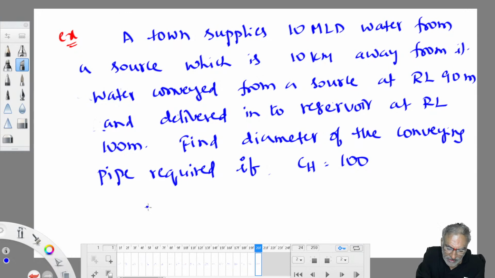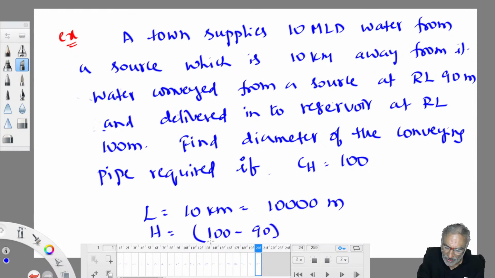Therefore, what is given? The distance between source and supply is 10 kilometers, that is 10,000 meters. And the elevation difference between source and supply is RL 100 to 90. So 10 meters it has to be lifted. That is H is equal to 10.